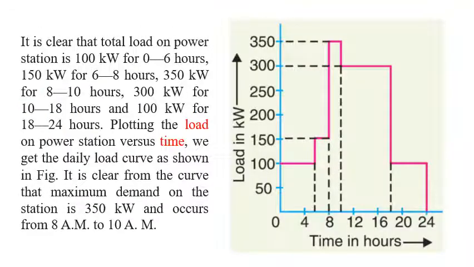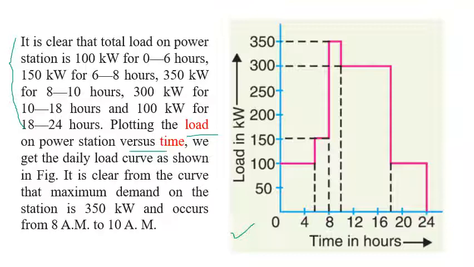Now from the previous table we plot the curve between load on the power station versus time, so that we get the daily load curve as shown in this figure.